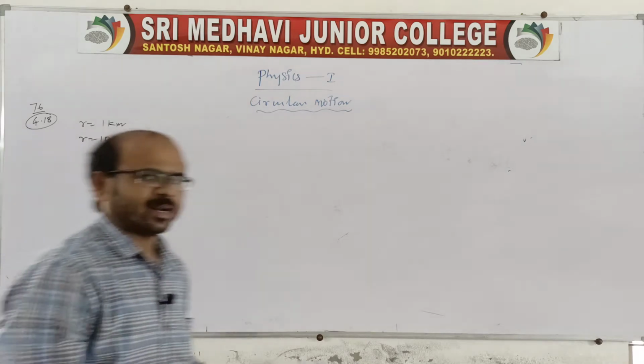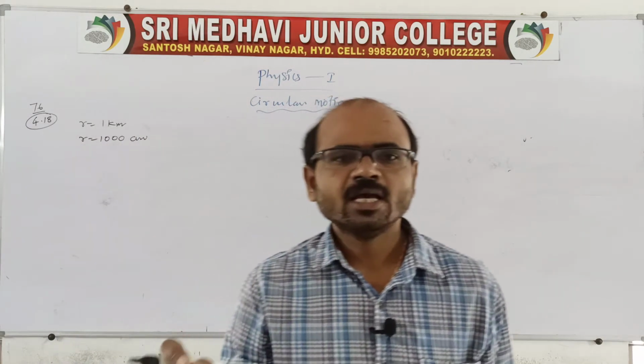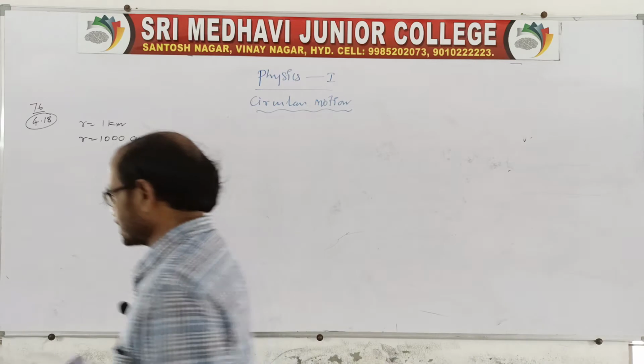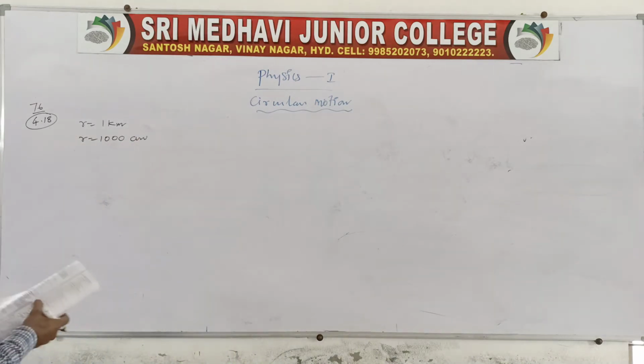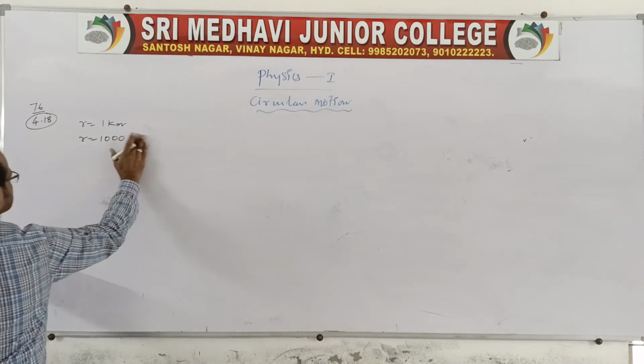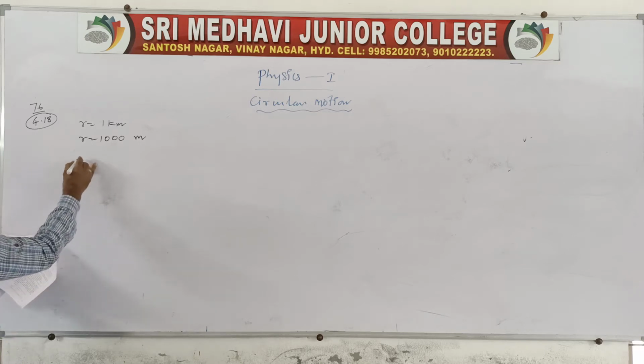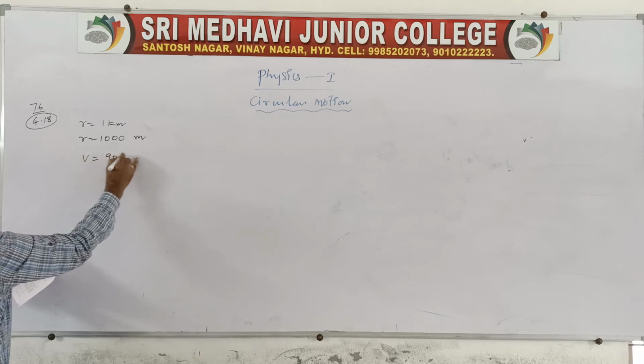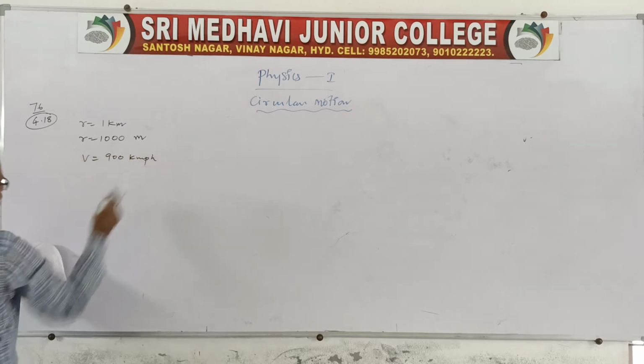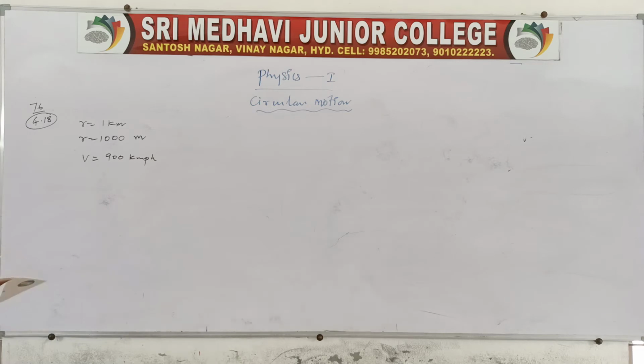Always we should take MKS, otherwise CGS. The loop is with a steady speed, given as 900 kilometer per hour.